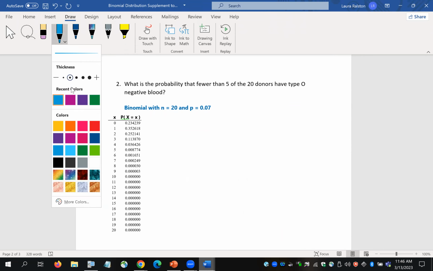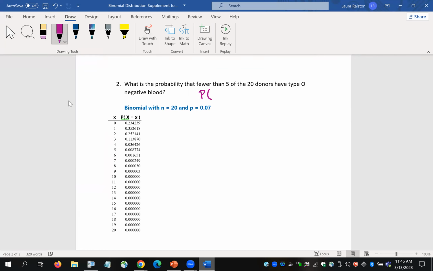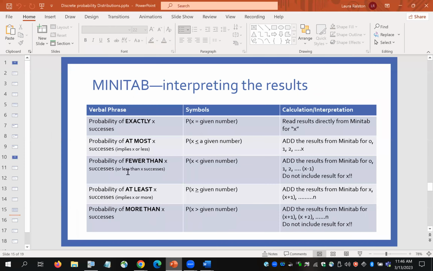I'm using the same table throughout these series of questions.